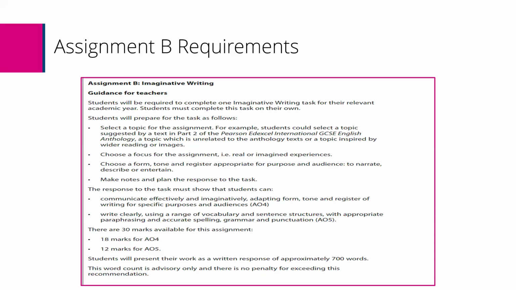It can use something from the anthology as inspiration. They're talking about form, tone, and register. Obviously, planning the response is a good way forward. Talking about the split of the assessment objectives, 18 for AO4 and 12 for AO5. Approximately 700 words, but again, there is no penalty for going over that.